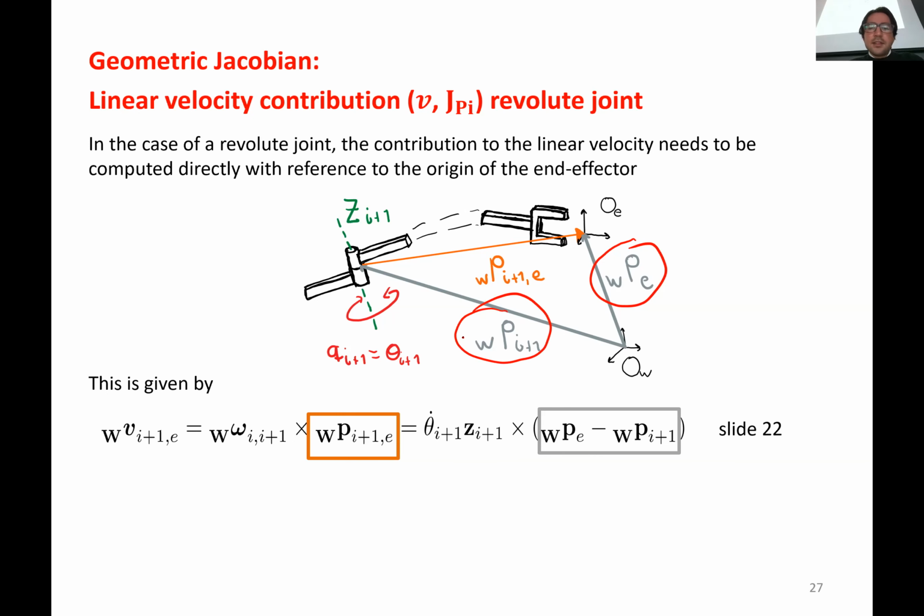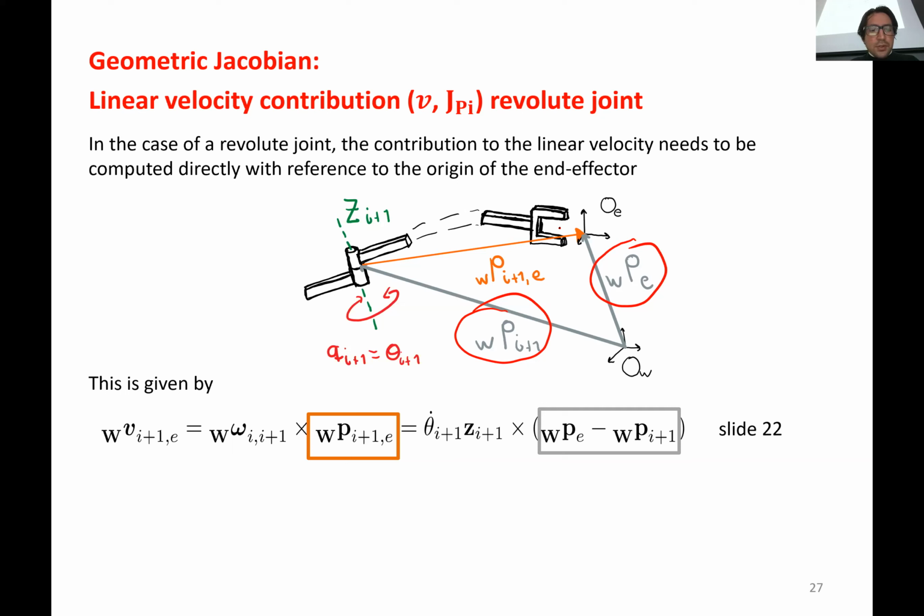And we agree that if we take the difference of PE with respect to P i plus 1, we get this vector here that we're seeing. This is always to have everything in terms of known quantities that we can obtain through direct kinematics.